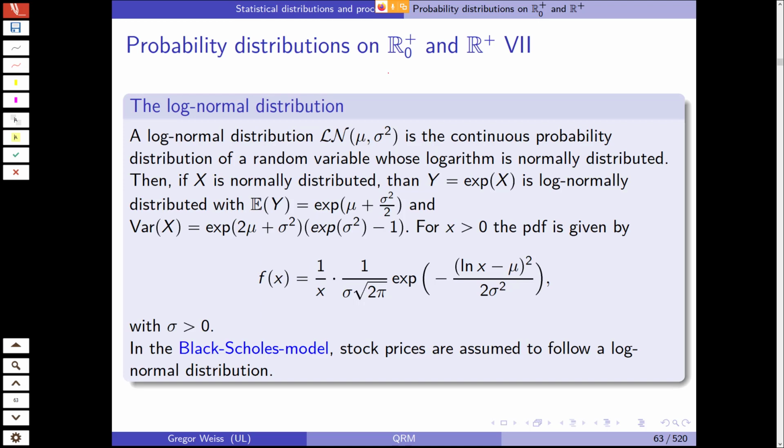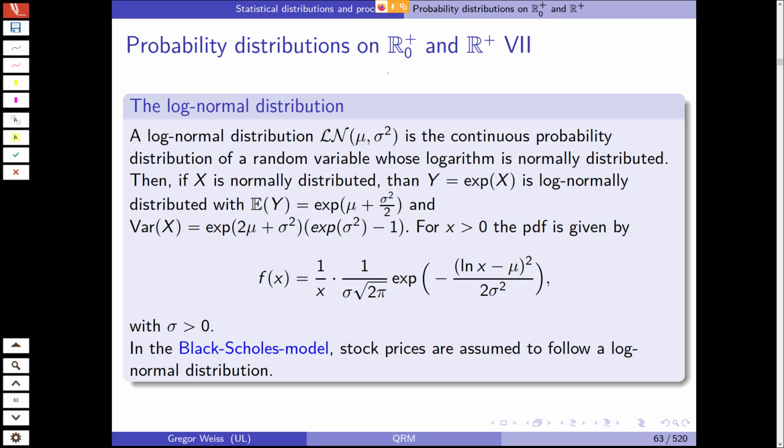Next, we have the so-called log normal distribution, which comes about by taking the logarithm of a normally distributed random variable. So it's the continuous probability distribution of an RV whose logarithm is normally distributed.